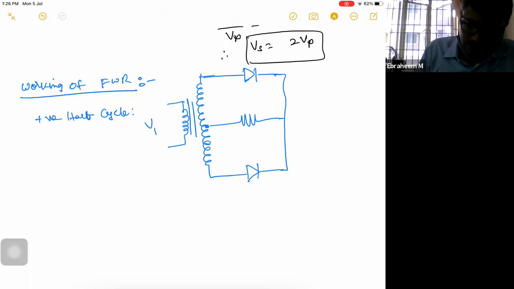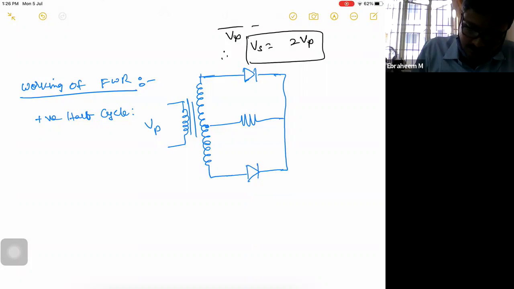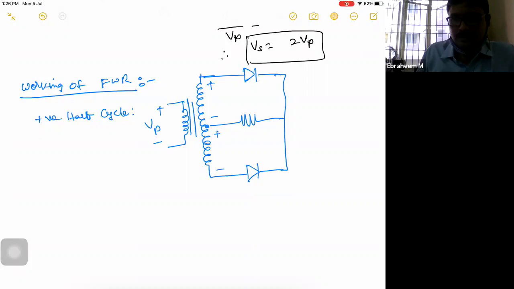Here you have a primary and here a secondary. When the primary is plus and minus, you will have plus and minus on the secondary as well.